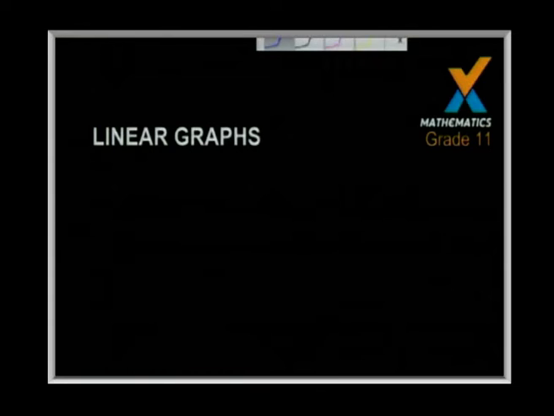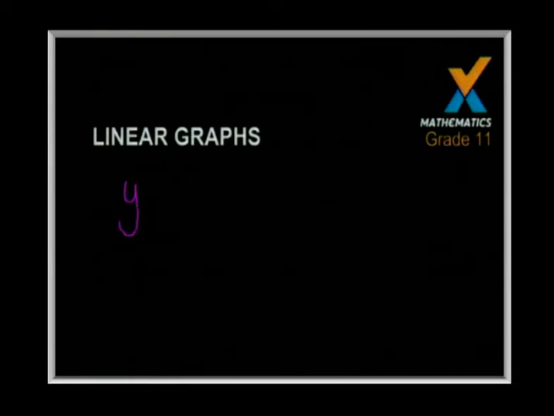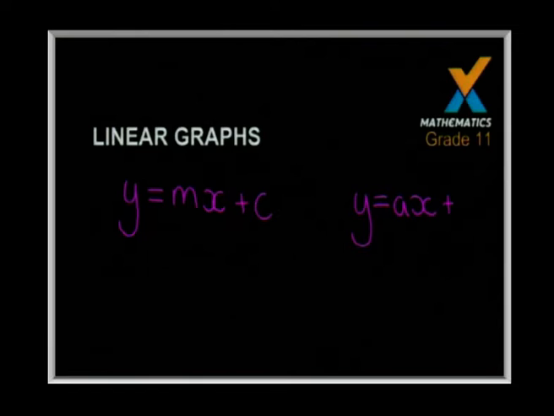Now, linear functions started in the format of y = mx + c. This was back in grade 9, where m was your gradient and c was your y-intercept. In grade 10, we introduced the format y = ax + q, where a is your gradient and q is your y-intercept.